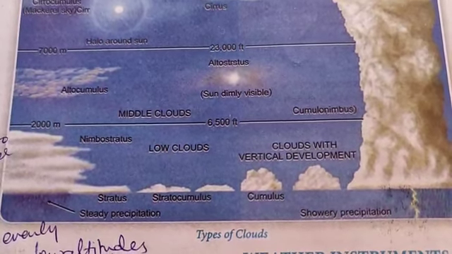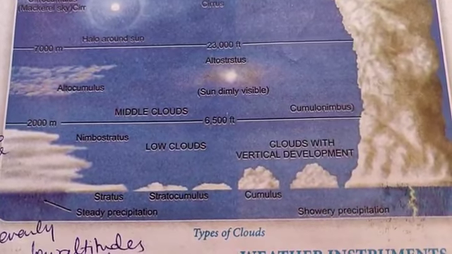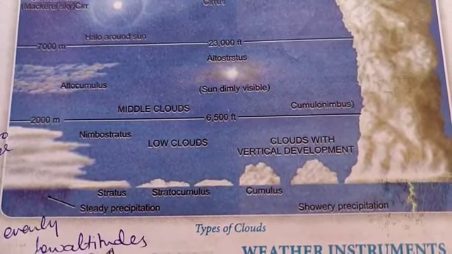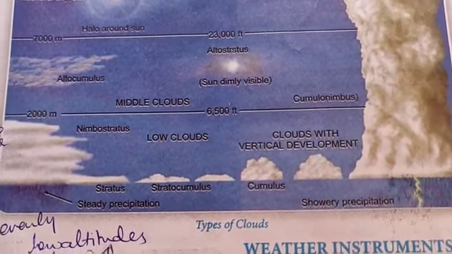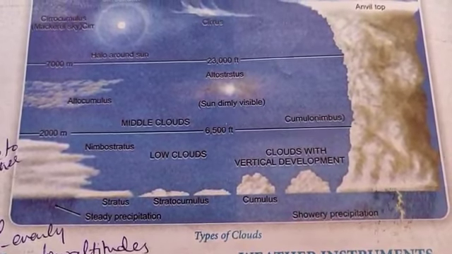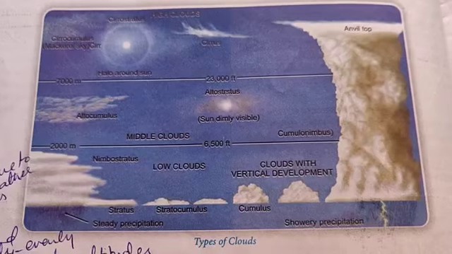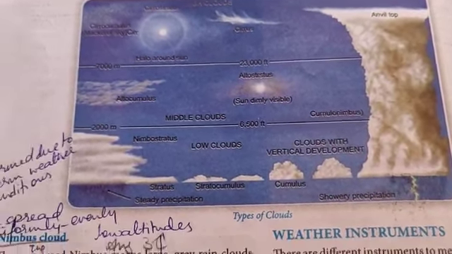Low clouds, okay, and what you see over here, stratus, and you see the different kinds of clouds over there, whether they bring steady precipitation or showery precipitation. Then you see the clouds with vertical development, how they develop. So this is very important. Once we meet again in the class when the school reopens, we'll take it up again.